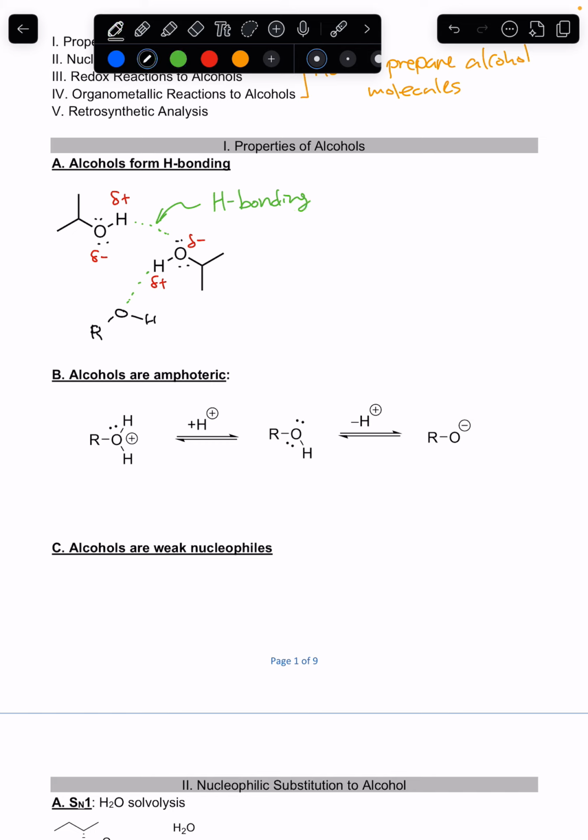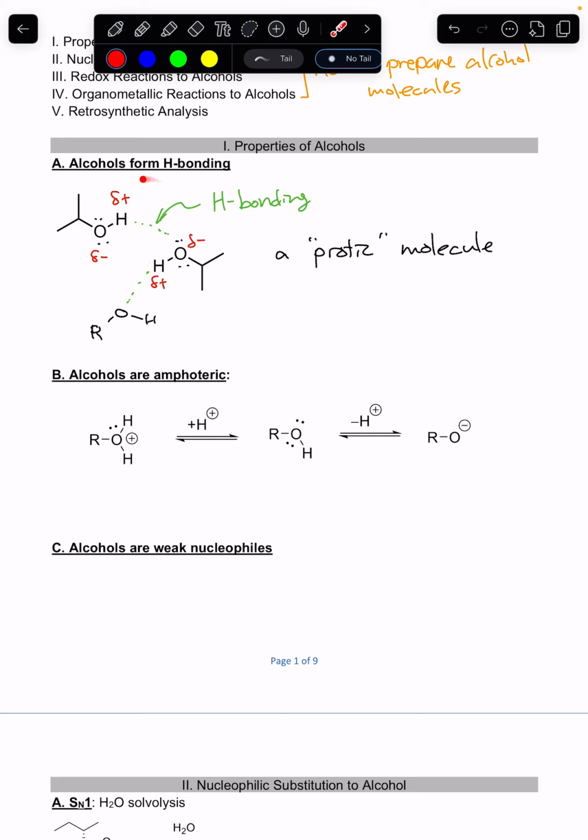Because of that, alcohol is said to be a protic molecule, because it has protons available for hydrogen bonding. Going beyond that, because of this strong hydrogen bonding, these protons actually hop around on the oxygens.